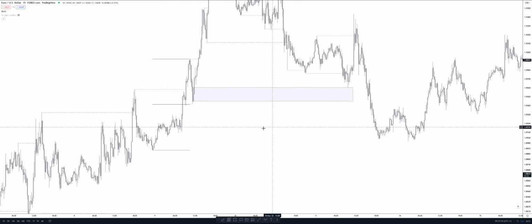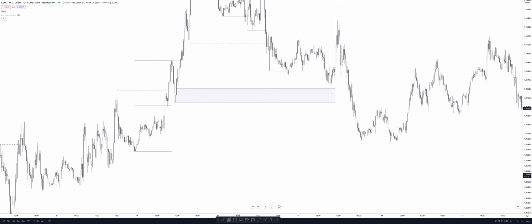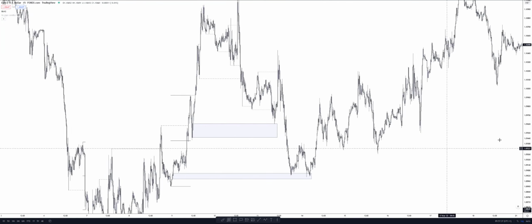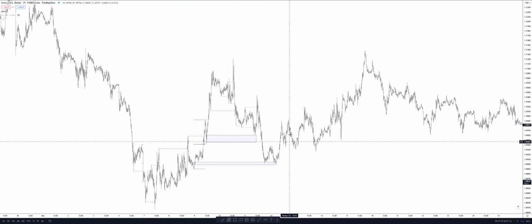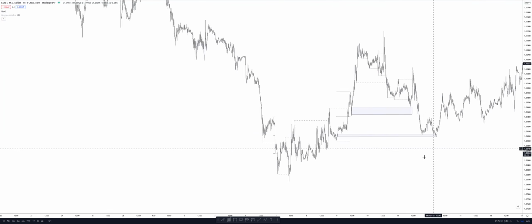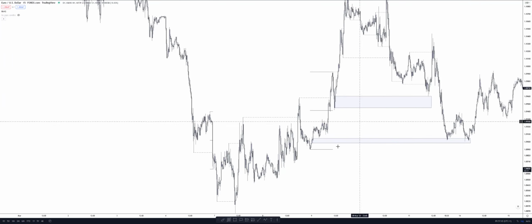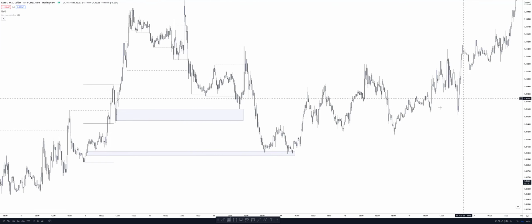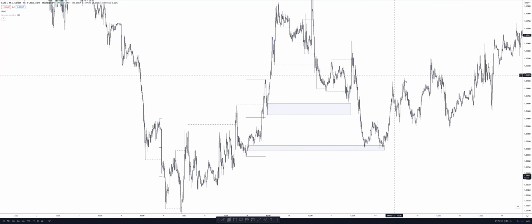Then if we look further down, we also had this unmitigated discount zone, and price has of course tapped into that, which has caused a reaction and ultimately turned price very bullish again from that area. So we'd still be looking at this unmitigated discount for price to continue from.